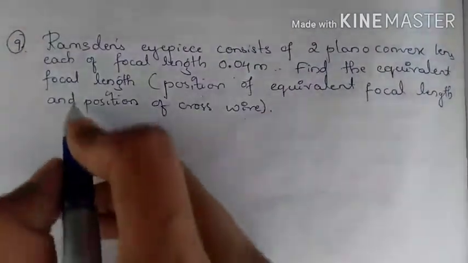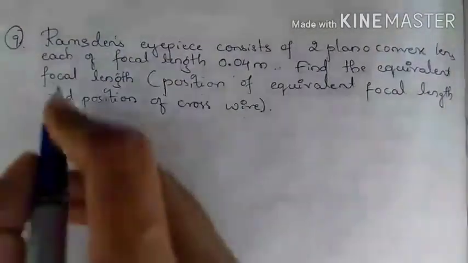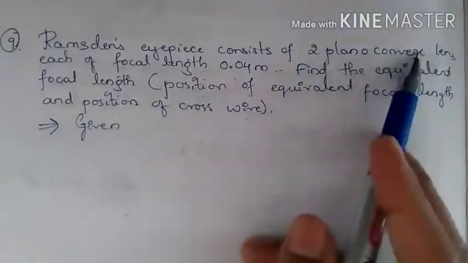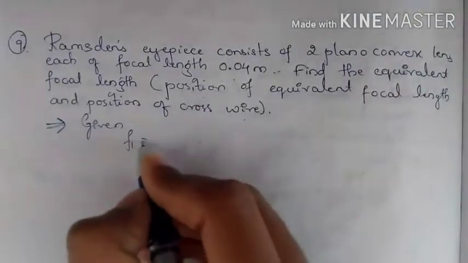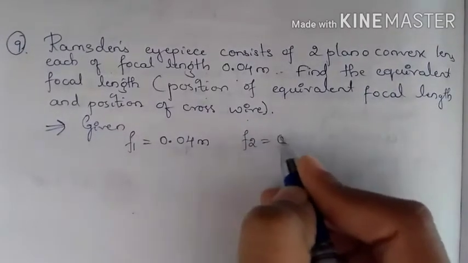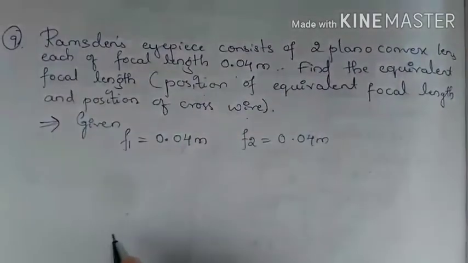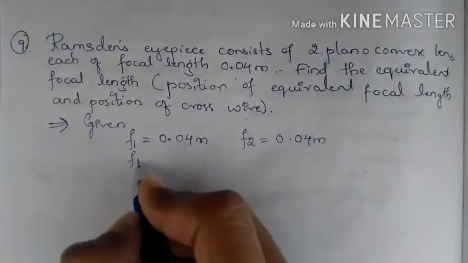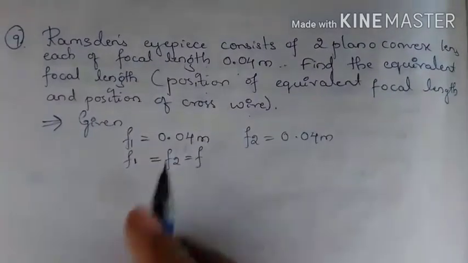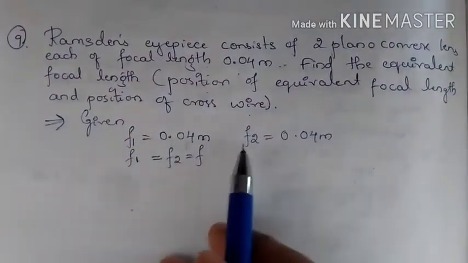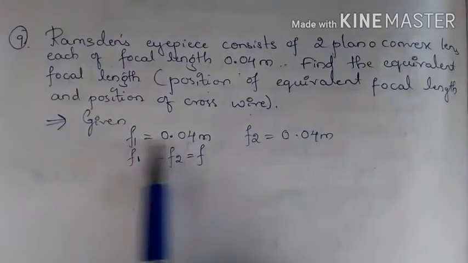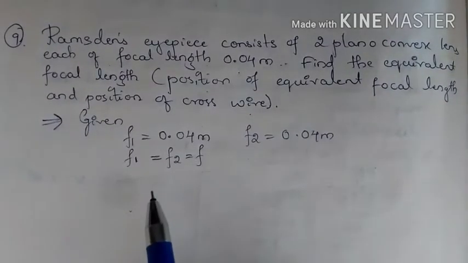For us here, the Ramsden's eyepiece has two plano-convex lenses given. Both these lenses have the focal length f1 is equal to 0.04 meters and f2 is equal to 0.04 meters. So I can also write f1 is equal to f2 is equal to f, because the values for both the focal lengths are the same.